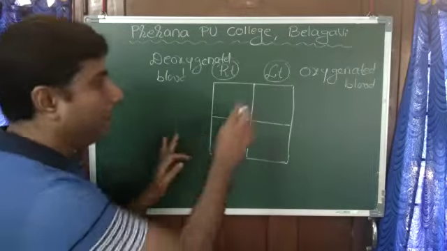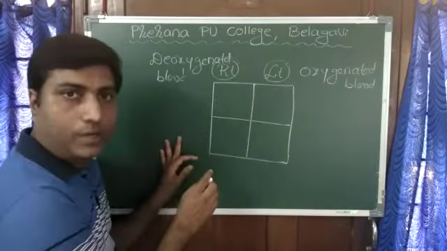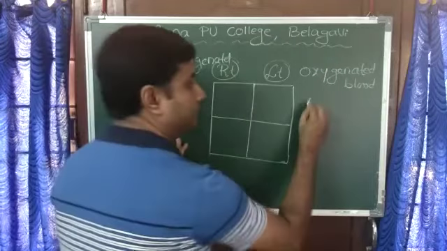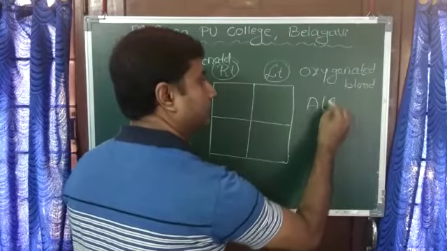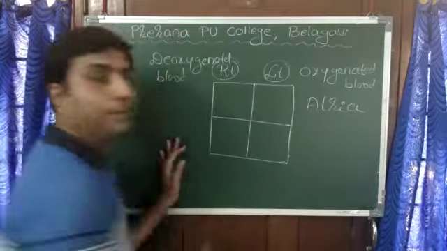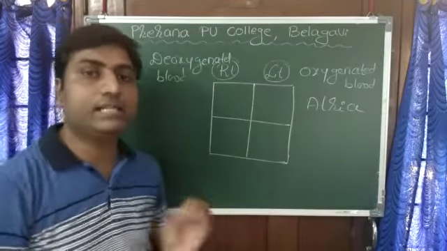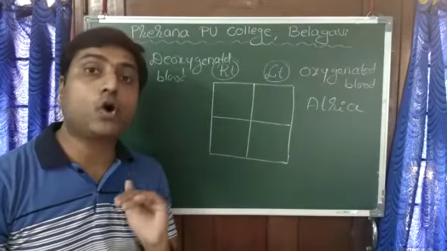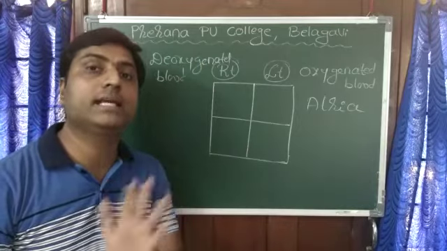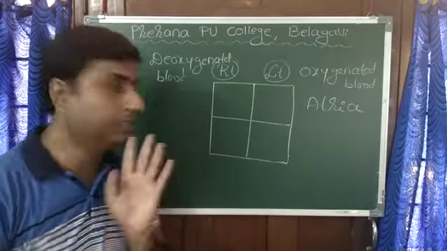Now the upper 2 chambers are called atria. The plural is atria, the single one is atrium. They are also called auricles. Auricles and atria are one and the same.